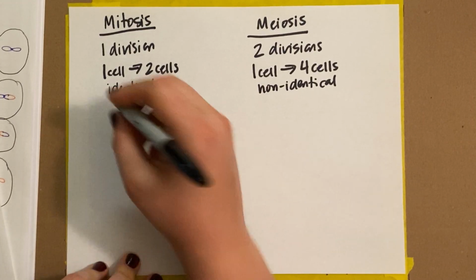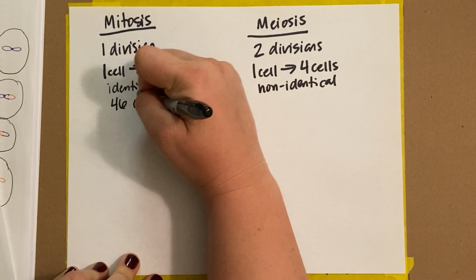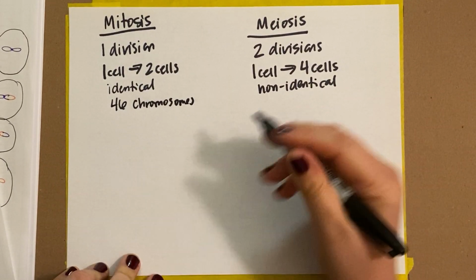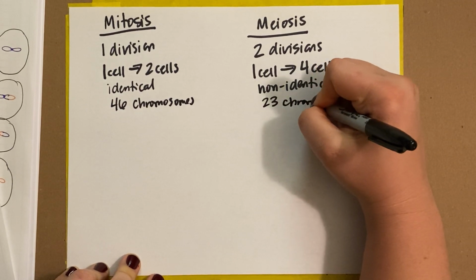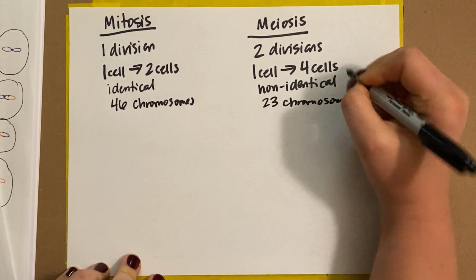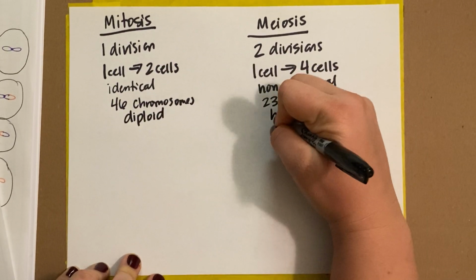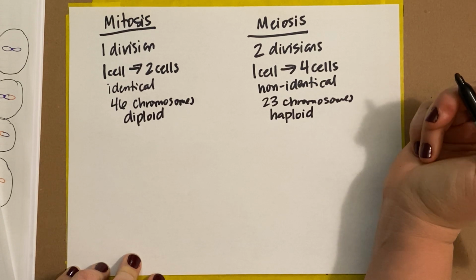These are going to start with 46 chromosomes and end with 46. These are going to end with 23 chromosomes. Okay, so we can say these ones are diploid. These are going to be haploid. All right.